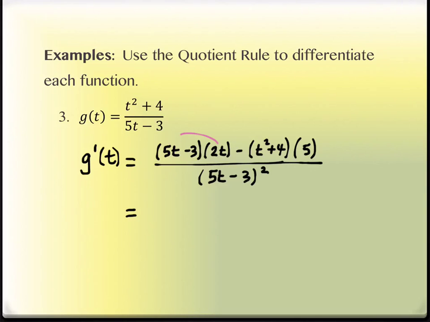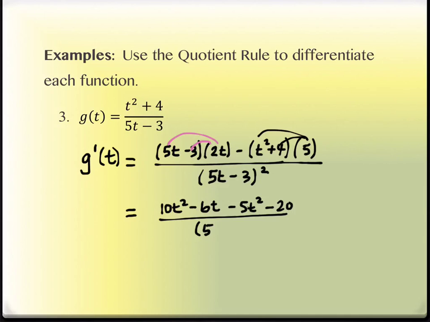All right, very good. And now we're going to simplify. So 5t times 2t would be 10t squared. And then I have negative 6t. I'm going to be distributing both the 5 and the negative through here. So I have negative 5t squared minus 20. Good.